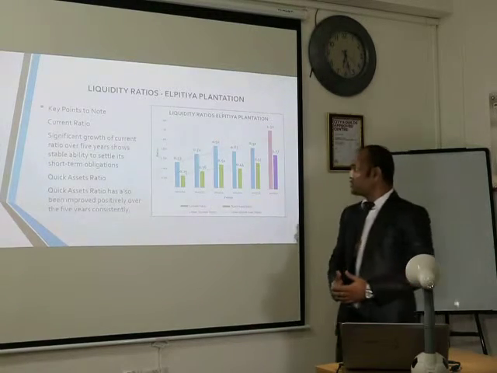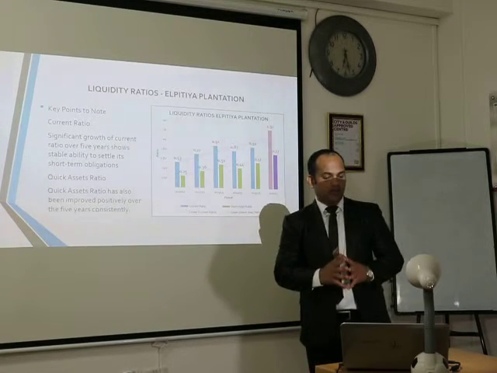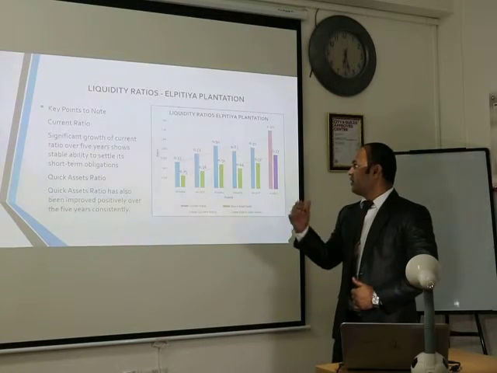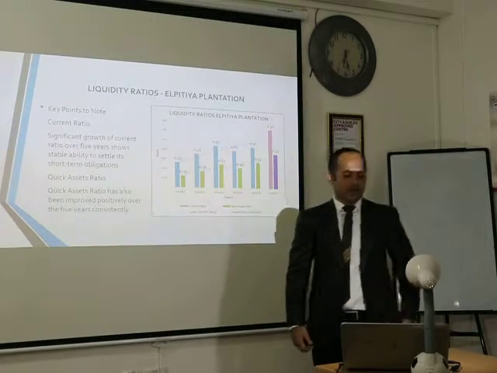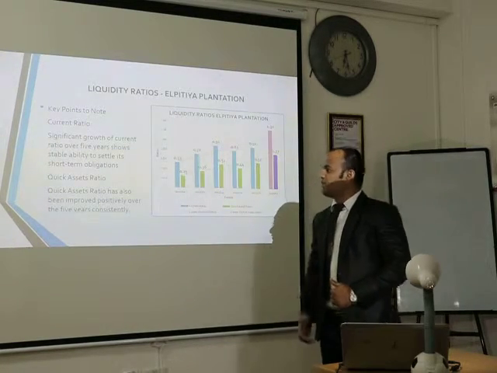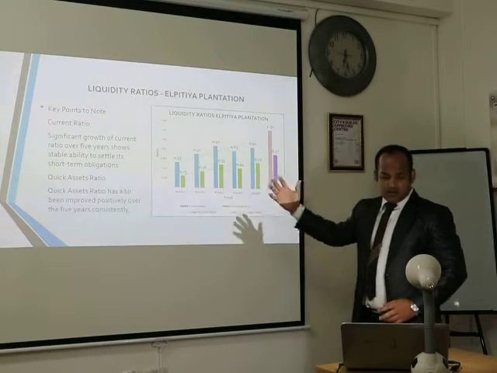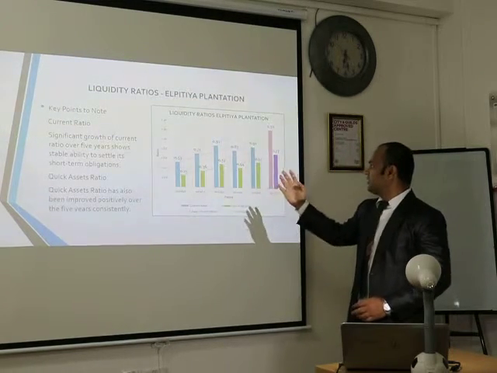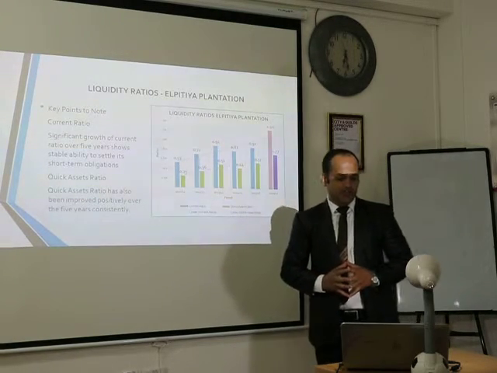And next, I have looked at the financial position of the company, and the financial position has been analyzed by using liquidity ratios. Here I have used two widely known liquidity ratios. One is the current ratio and the other one is the quick asset ratio. Both ratios are positive, and we can see an upward trend in both ratios.